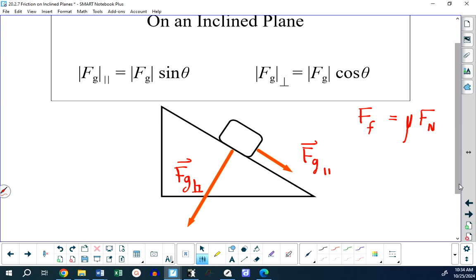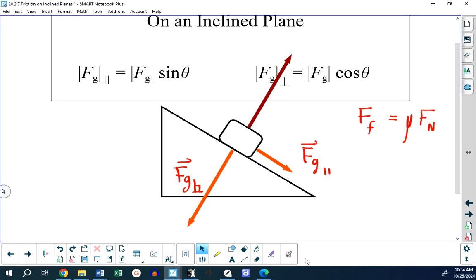Is Fn mg for this diagram? No. It's the perpendicular component of gravity. Right? This force here is always going to be balanced with the normal force in the opposite direction.